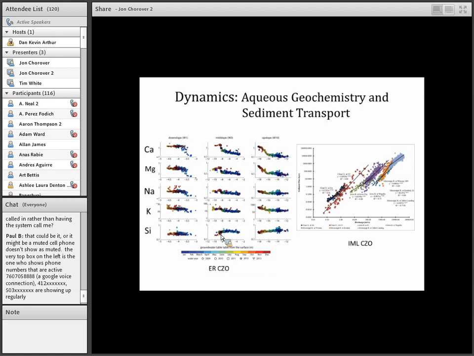And we have all of the CZOs indicate where they are making measurements along these different types of components. We see that there is already established a wide set of common measurements across the CZOs.